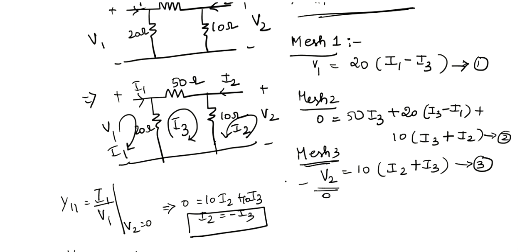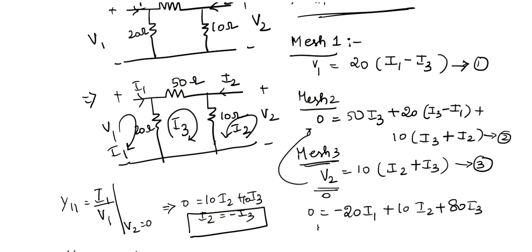So now moving to the preceding equation, what are you getting? The actual equation is 0 equal to minus 20 I1 plus, for I2, you are having only this number 10 I2, and for I3, 50, 20, 70 plus 10, 80 I3. This is a normal equation.